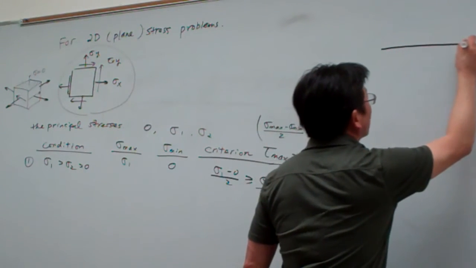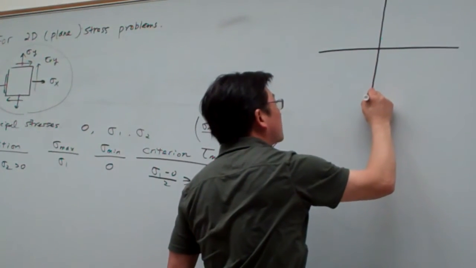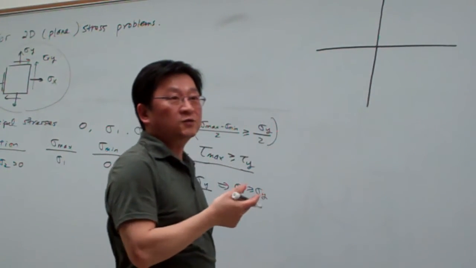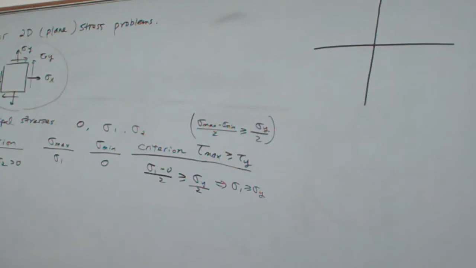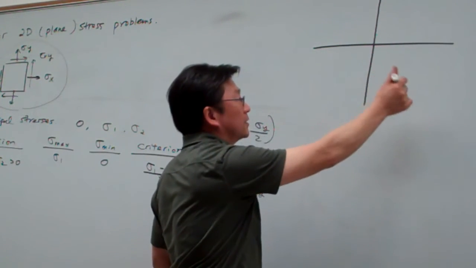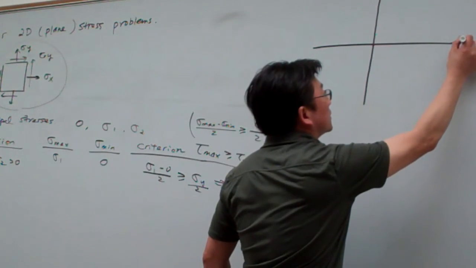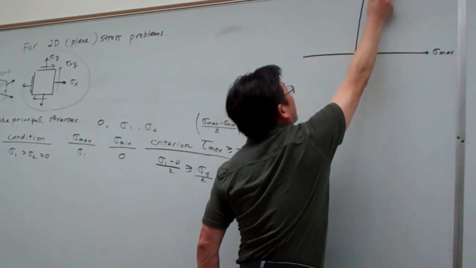This will be the single plot, and you can plot it in a good way, because we have in total 6 conditions, 1, 2, 3, 4, 5, 6, and each condition will be imposed on the single plot here. Let me say this is the maximum and this is the minimum.